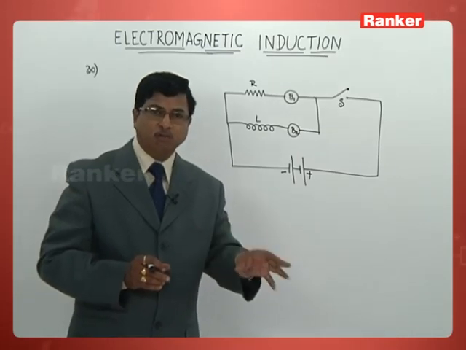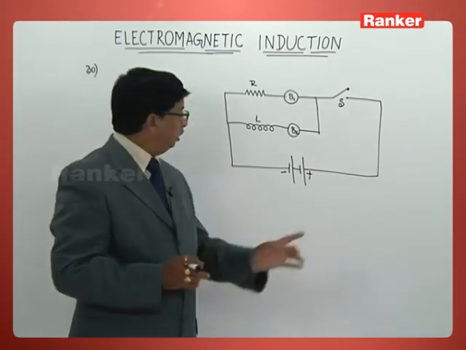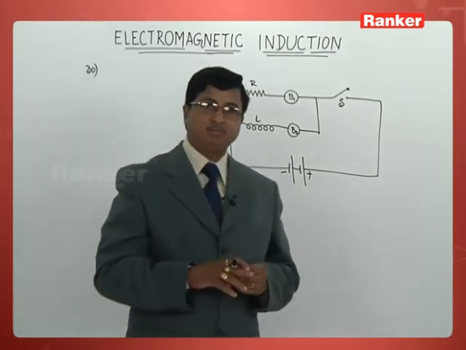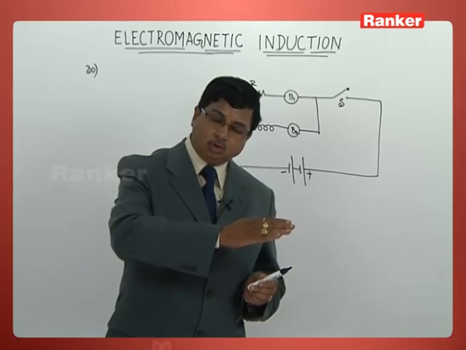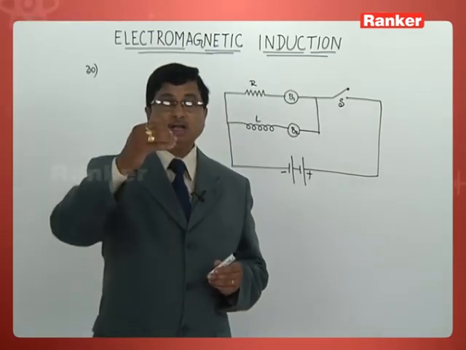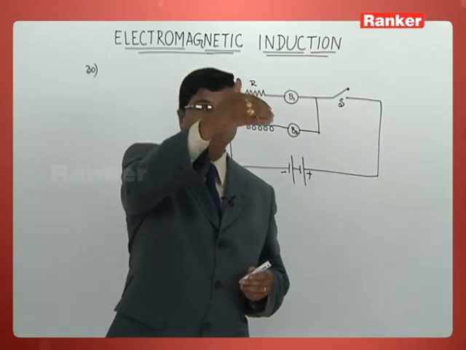He is asking four different answers. Very, very simple. You all know inductance well. In any circuit with inductance, current grows gradually from minimum to maximum and current decays gradually from maximum to minimum.